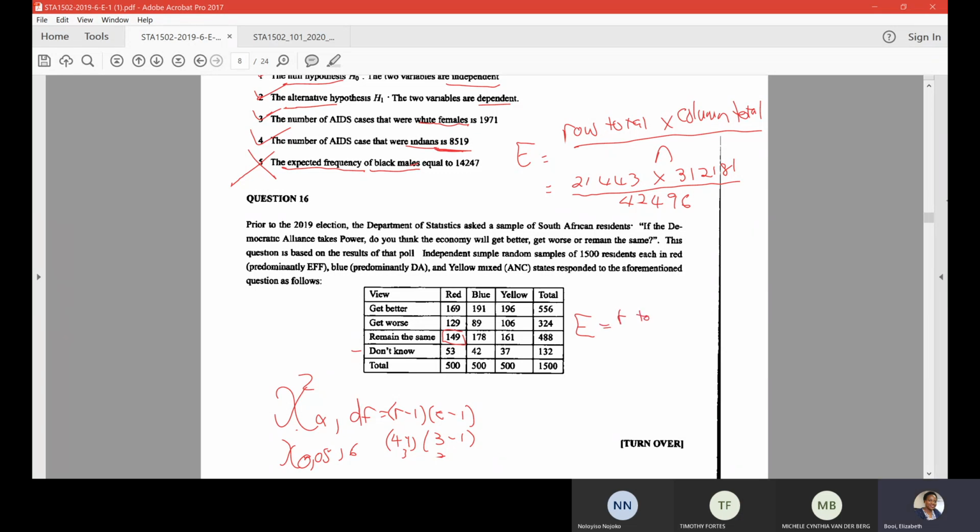Row total multiply by column total divide by n. What is our row total for remain the same? 488 multiplied by column total of red, 500. Divide by the grand total, 1,500. Calculate that.